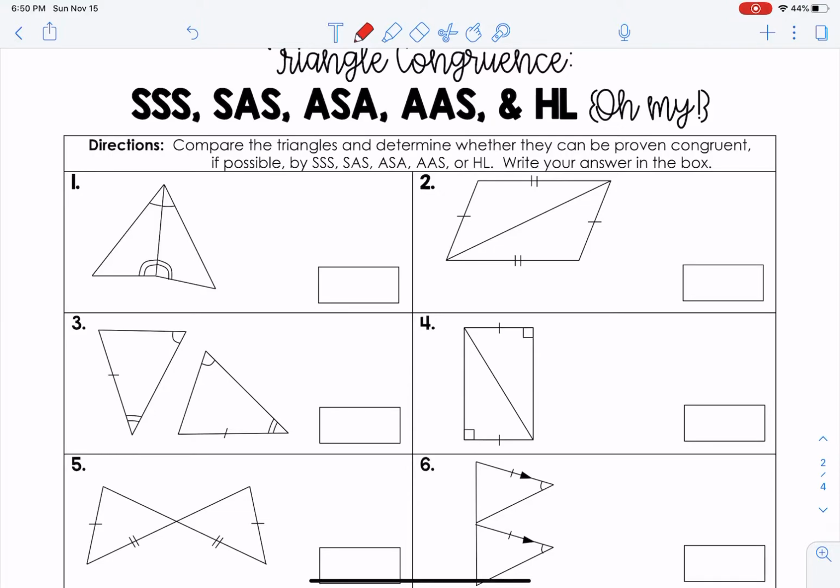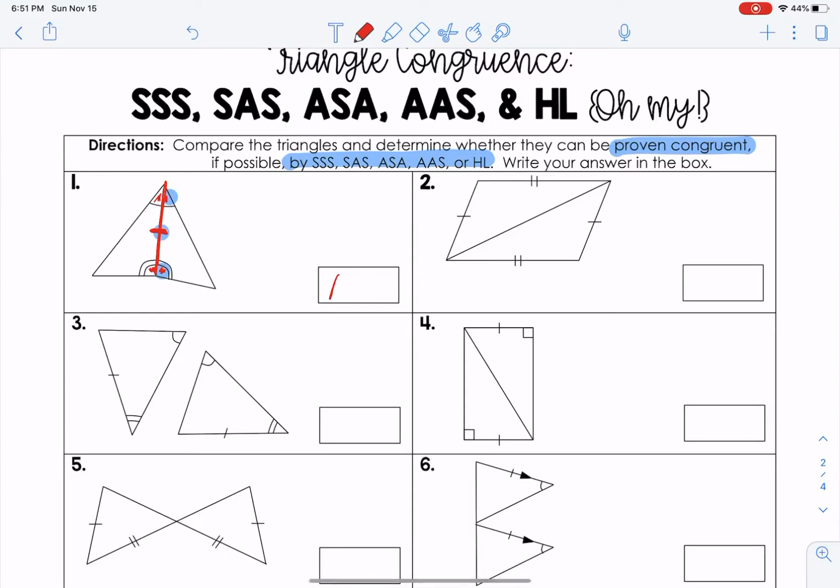I'm only asking you to determine whether they can be proven congruent by one of those theorems or postulates. So what do I have? I have one congruent angle, two congruent angles, and a common side, which means that side is congruent. So in order, I can say angle, side, angle.